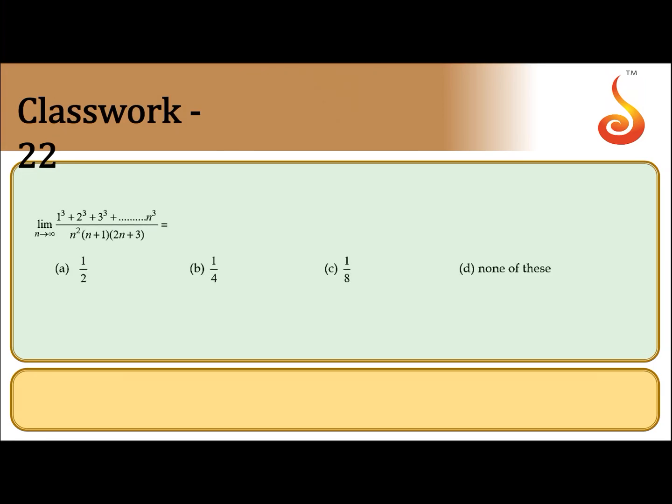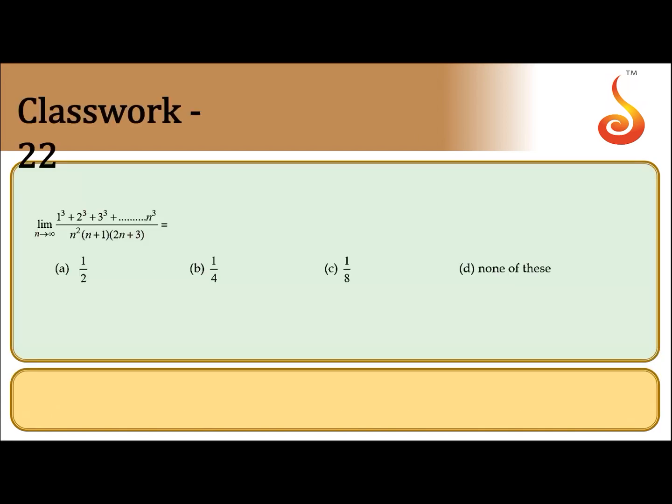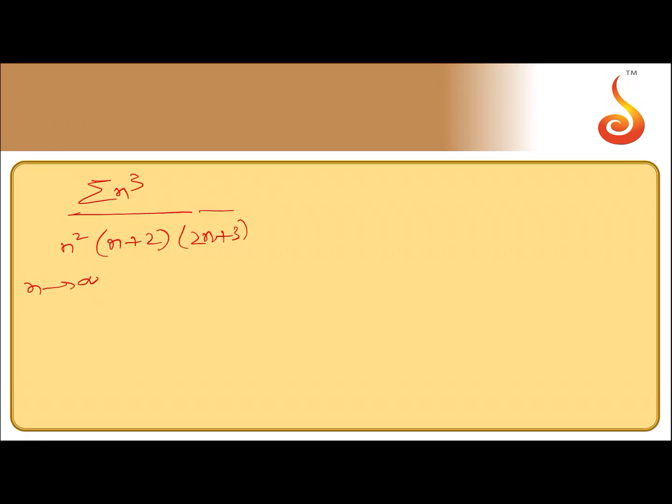Coming to the next one, the 22nd, a similar problem. We have done it already. As I said, it is a sigma n divided by n square; here we have a sigma n cube. So it is sigma n cube divided by n square multiplied by (n plus 2) into (2n plus 3) as n tends to infinity. We need to evaluate this limit value.